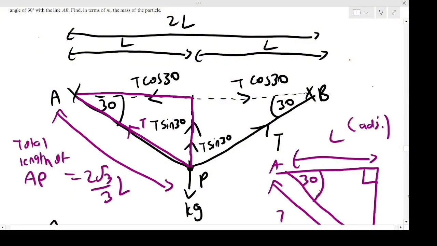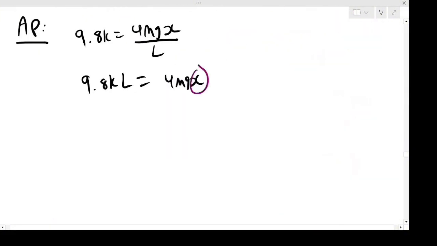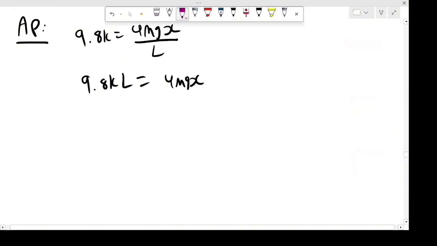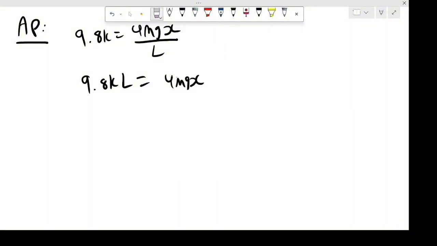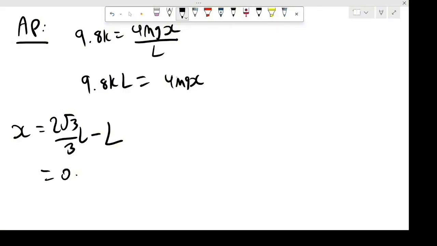I want the extension of that string, X. So therefore, the extension X is going to be the total length, which was 2 root 3 over 3L, take away the natural length, which was just L. That gets me my extension. If I work that out, that's going to be 0.155 lots of L.